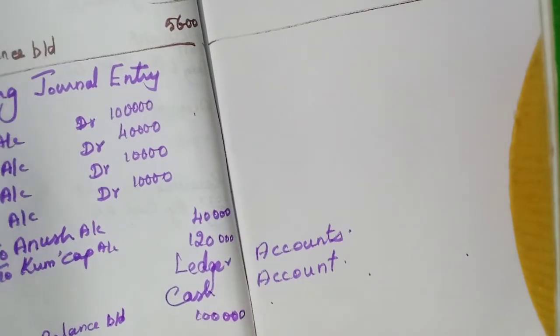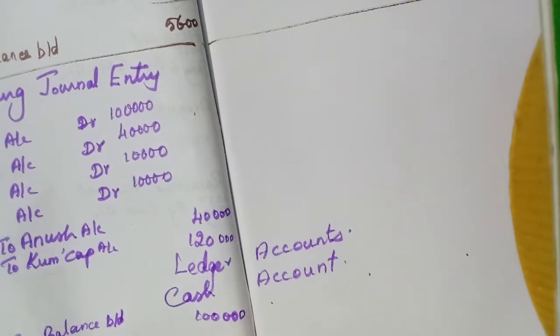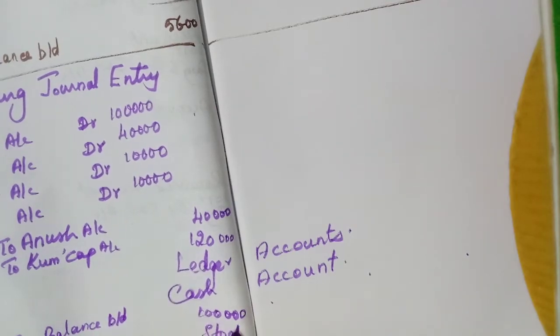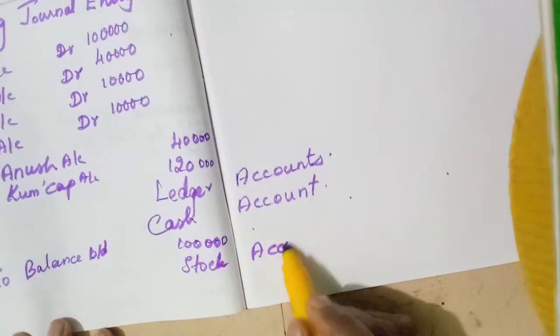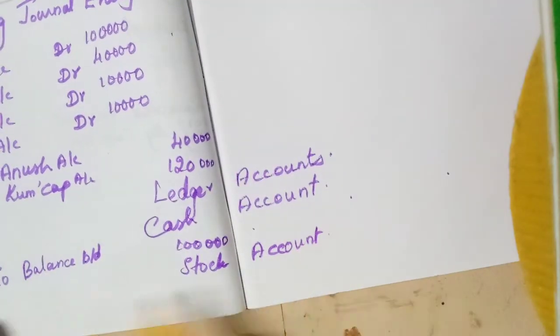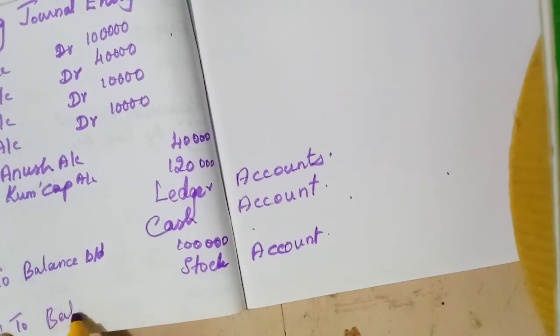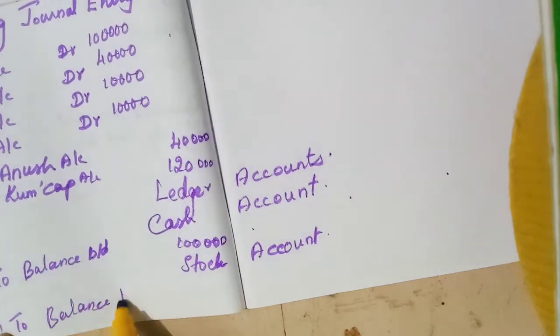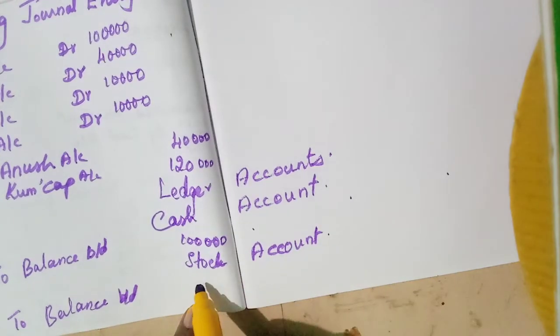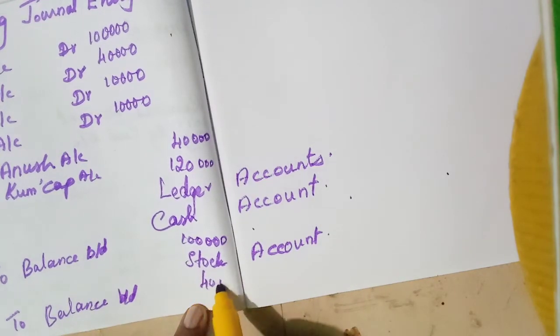That's all, isn't it? Then stock account. Stock account also debit. So the same date, to balance brought down, 40,000.